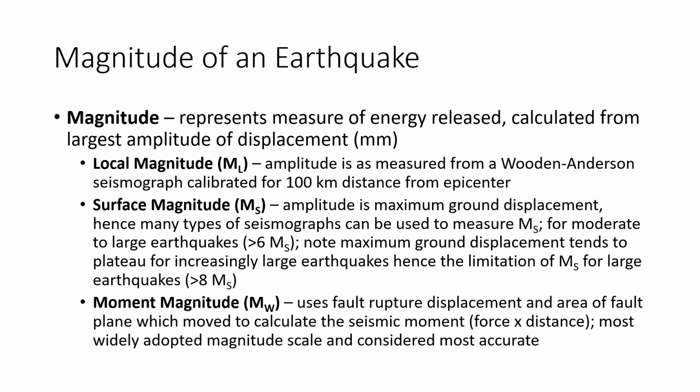And from here, we can actually calculate or approximate the total energy that was released by the earthquake. So moment magnitude is a function of the displacement and the area of the fault plane. So the implication here is that you can have two earthquakes with similar fault rupture displacements, but they might have different sizes in terms of area.